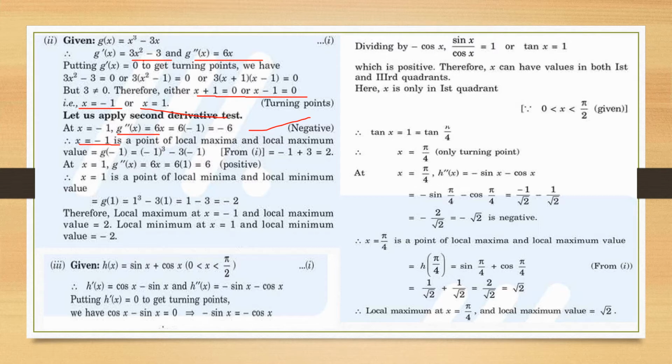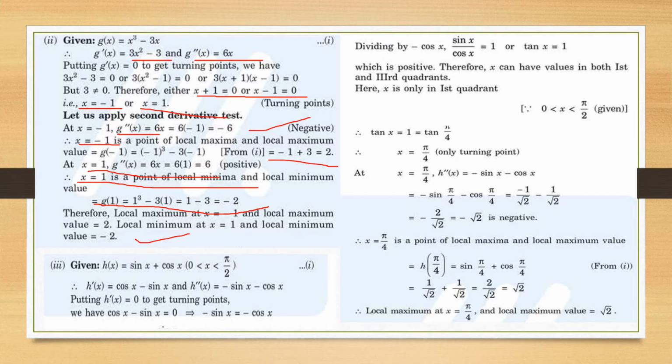The local maximum value can be obtained by putting g of -1, which comes out to be 2. Now at x equal to 1, the double derivative is positive, so it is the point of local minimum, and the minimum value is g of 1, which is -2. So this is how we can obtain the local maximum and minimum values.